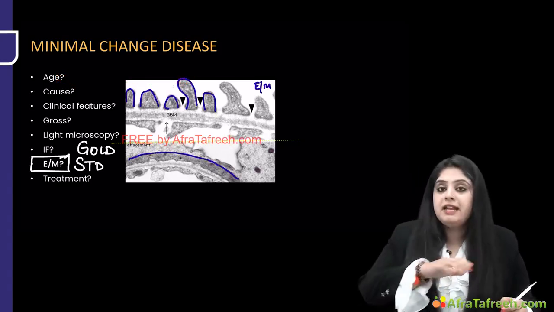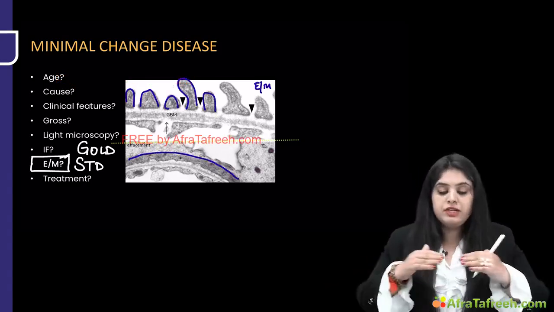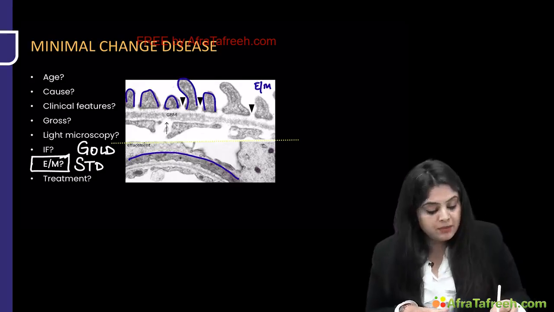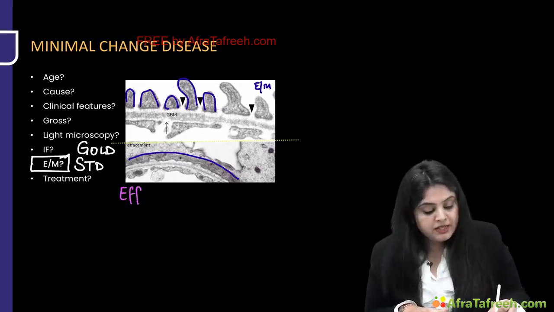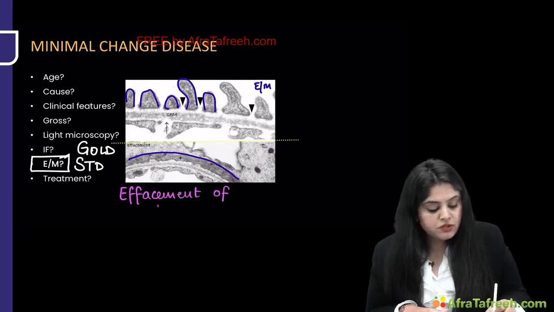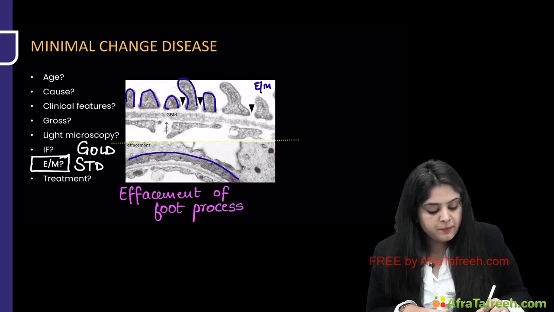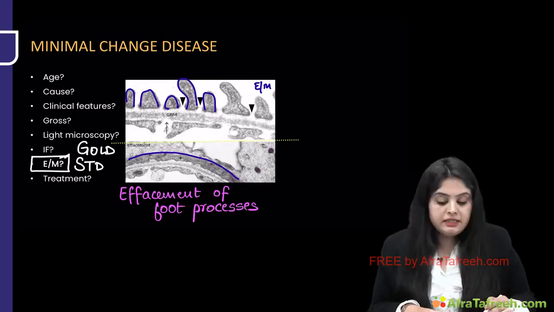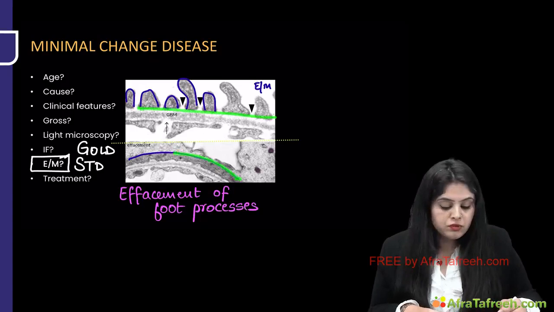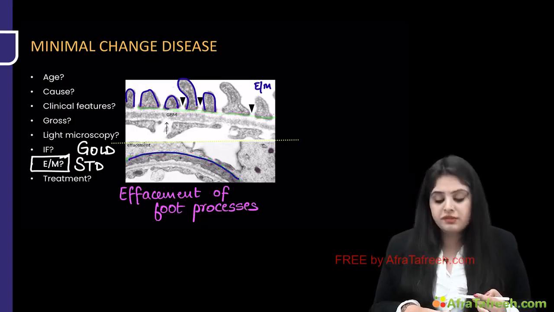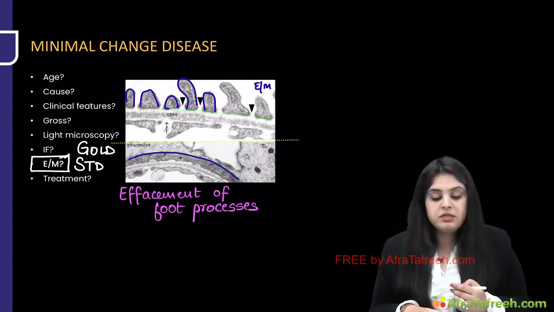This fusion and flattening out of the feet is known as effacement of the foot processes. Please remember, guys, these feet tend to almost look flattened out. Effacement of foot processes is noted, and that is minimal change disease.